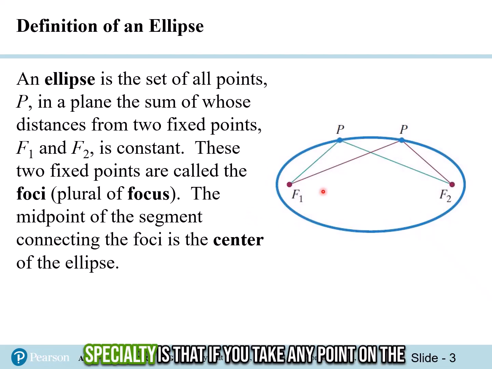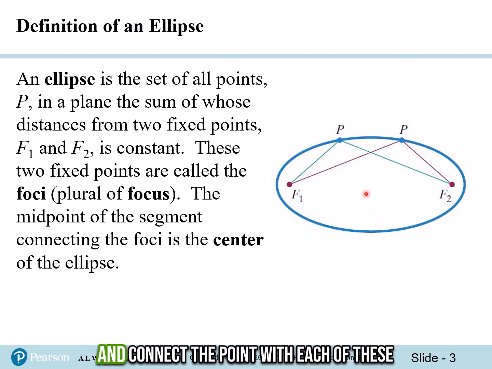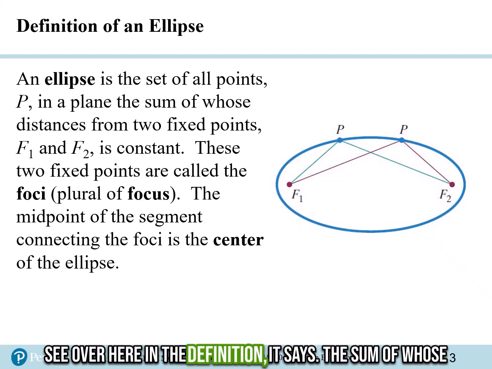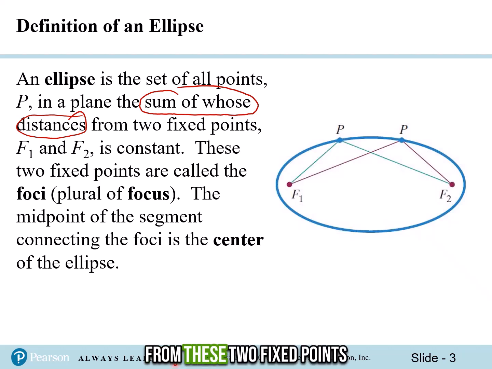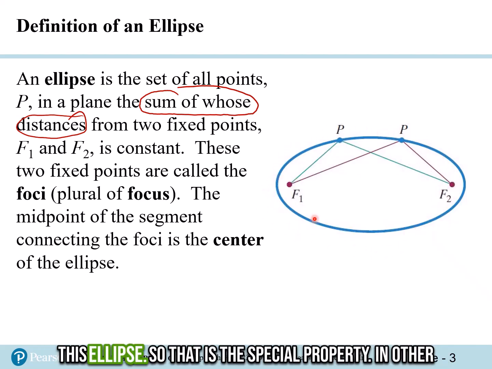Now, the speciality is that if you take any point on the circumference of this figure and connect the point with each of these foci, then the sum of their distances, see over here in the definition, it says the sum of whose distances from these two fixed points F1 and F2, would be the same for any point on the circumference of this ellipse. So that is the special property.